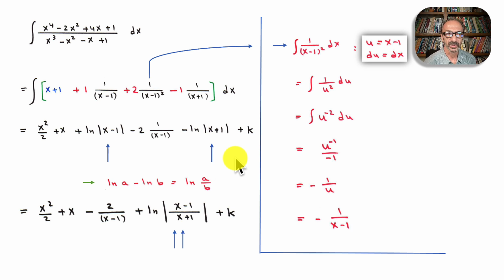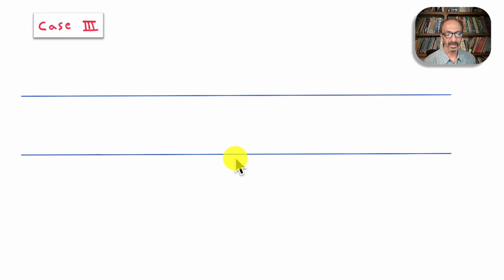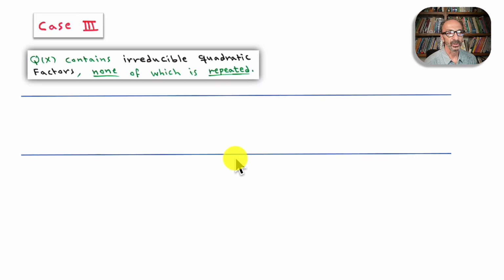That should do it. Case number 3. Let's see what we have. Case number 3. Q of x contains irreducible quadratic factors, none of which is repeated. So case number 1 was linear, distinct. Case number 2 was linear and repeated. Here we have quadratic and non-repeated.